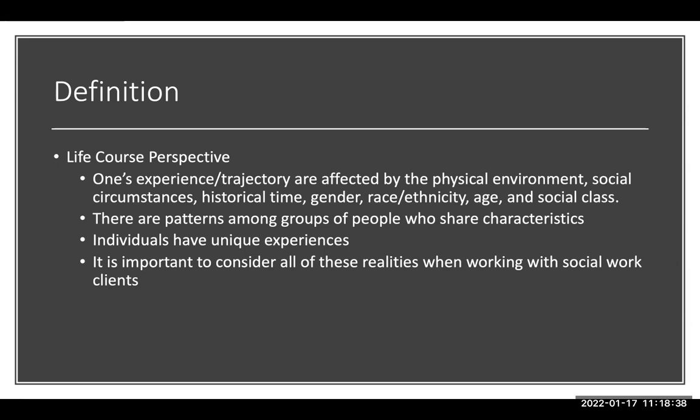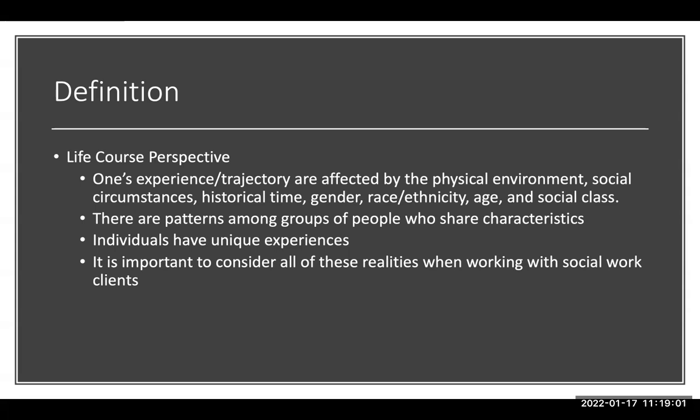The idea that all of these things impact an individual's reality over time, that's what life course perspective is about. I do want to emphasize with this perspective that there are patterns among groups of people who share these characteristics, but people also have unique experiences.